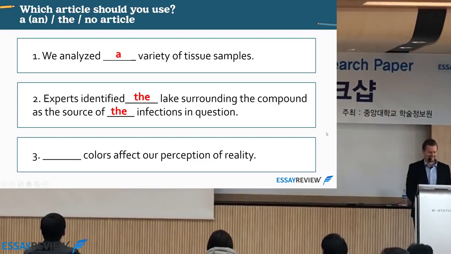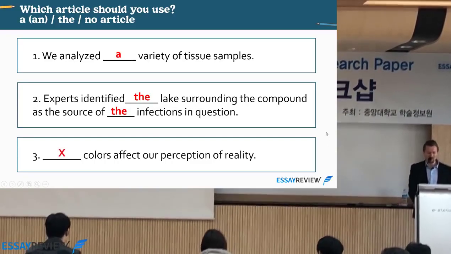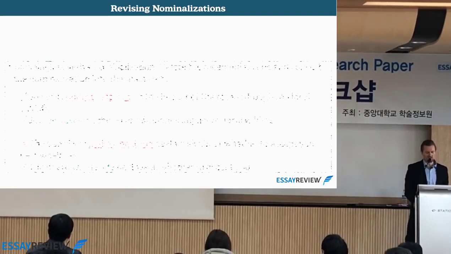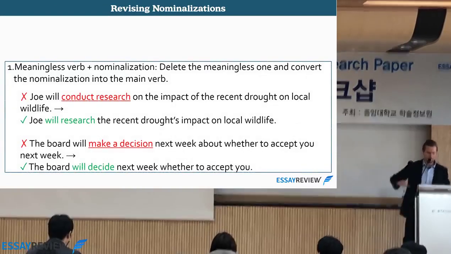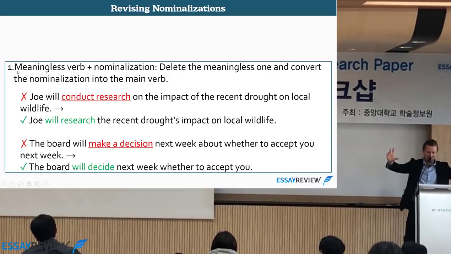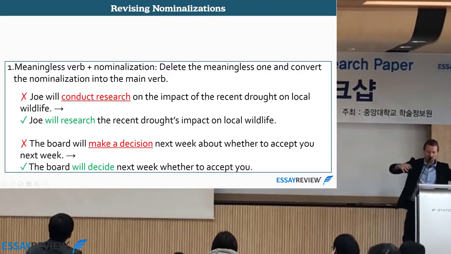Okay. The next one's a bit more complicated. I like this one because this is more about style, not grammar. So a nominalization. A nominalization is basically when you have a meaningless verb and a noun that's been changed to a noun from a verb.